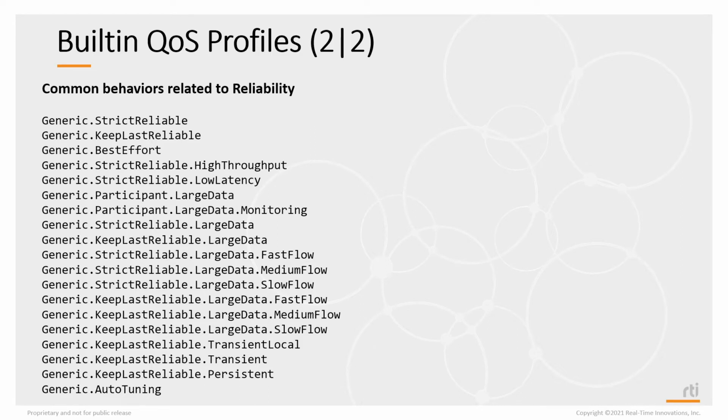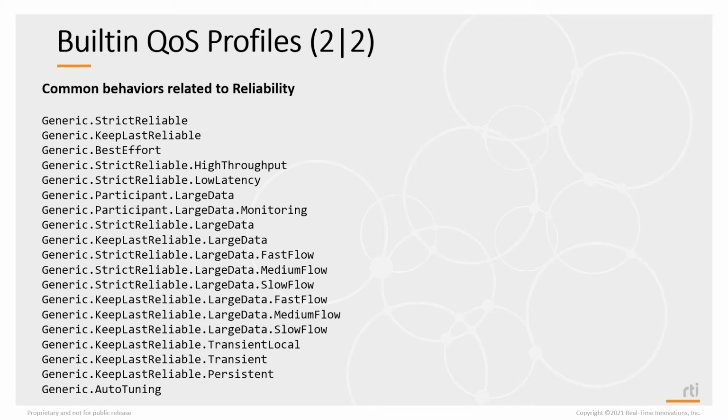I will say the most useful of this set of built-in QoS profiles are the first three. Generic strict reliability, generic keep last reliable, and generic best effort. It is common and it is suggested that if you need a reliable connection in your system, and most of you will have one or more, if not all of your connections need to be reliable, then you should derive your profile from one of these profiles.